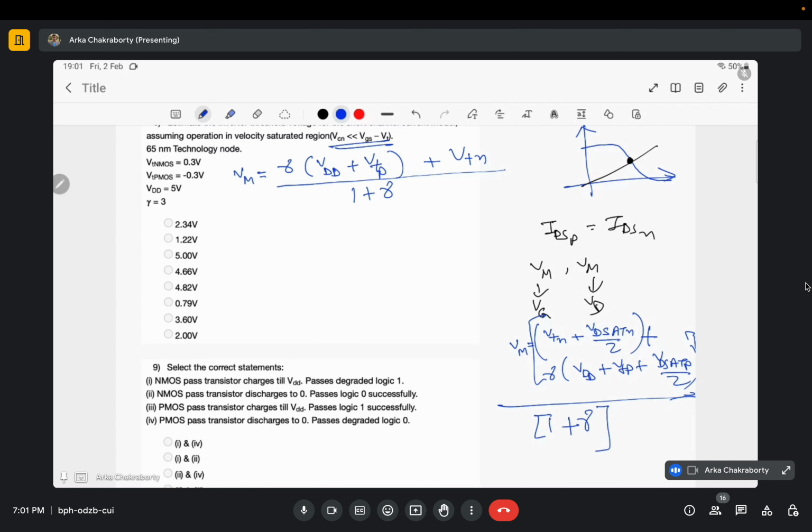If you know the value of the VDS at which the velocity saturates, you can easily calculate the inverter trip point.